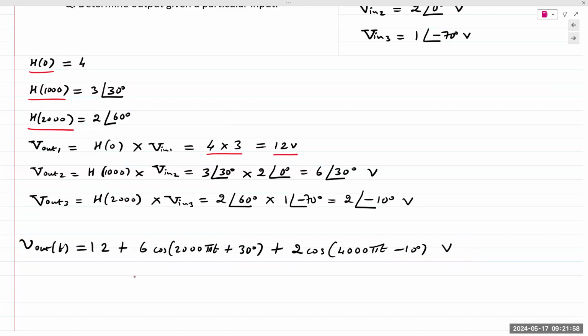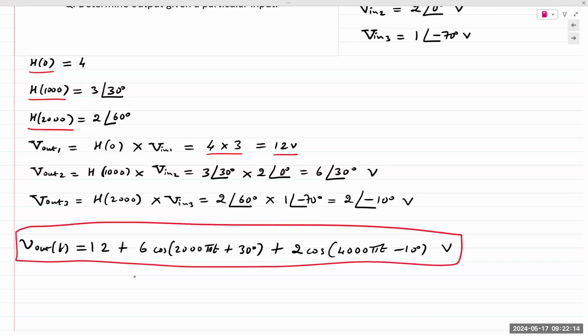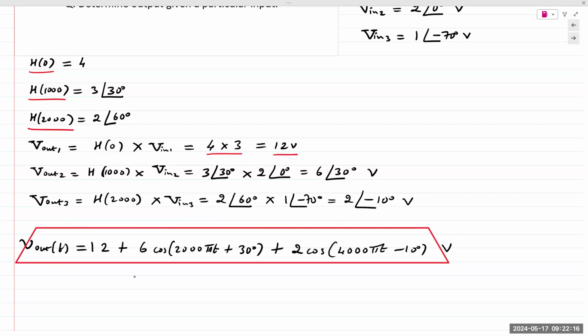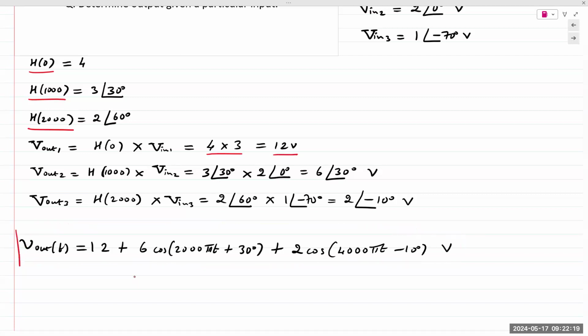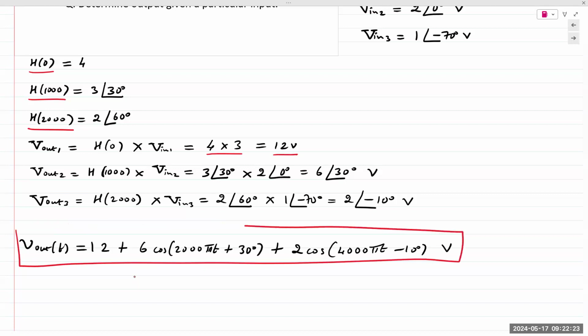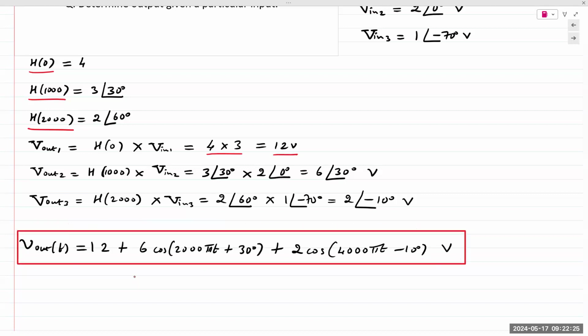Your final answer should be in the time domain because that is what is being asked. You're asked to find V out as a function of time. And so total V out as a function of time requires you to write the expression in the time domain. So you perform the inverse phasor transform. 12 volts remains 12.